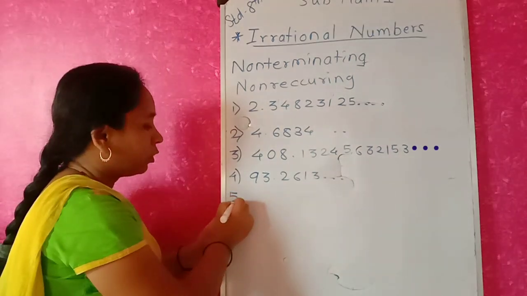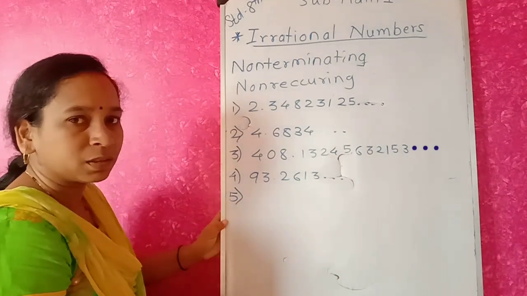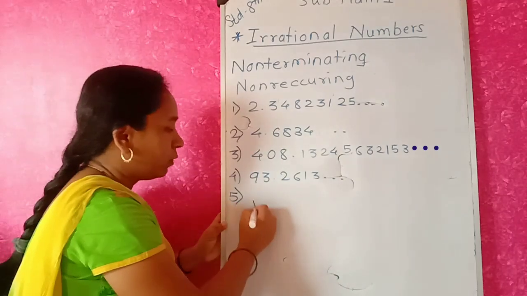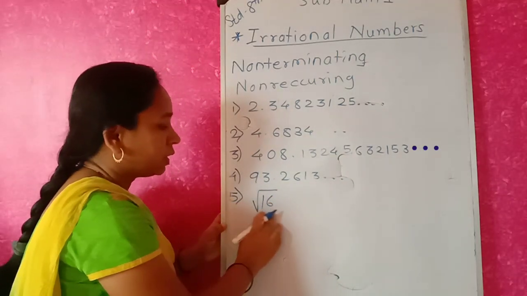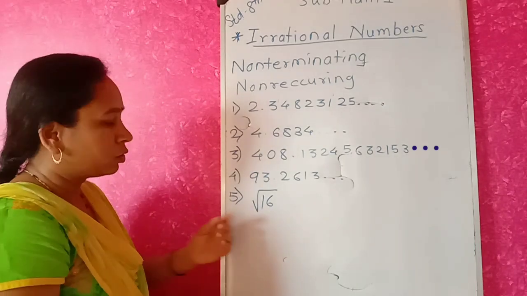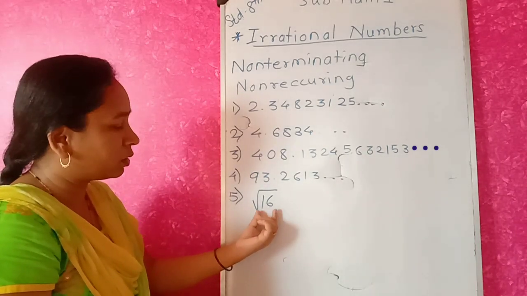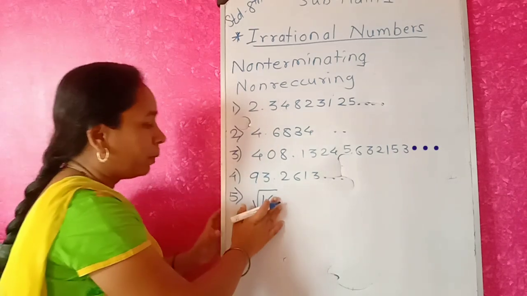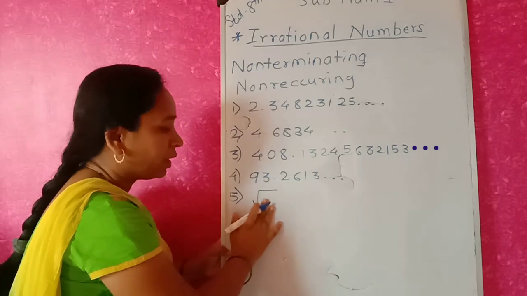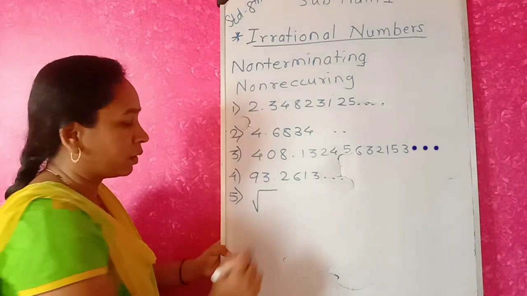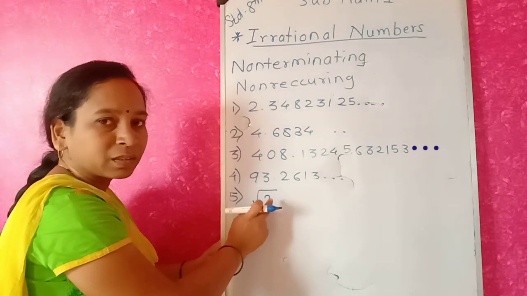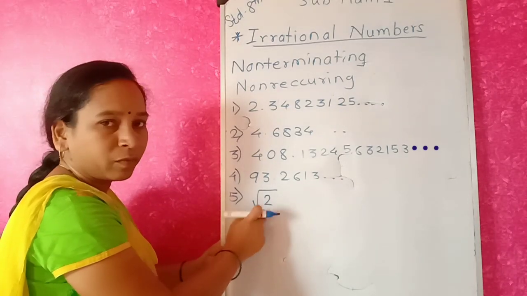Now here we are going to see another type, that is the square root of a non-perfect square number. If you take 16, 16 is a perfect square number. The square root of a perfect square number is always a rational number. But instead of 16, if I take any non-perfect square, for example 2, it is not the square of any number.